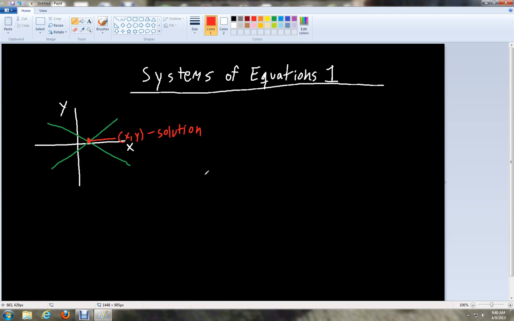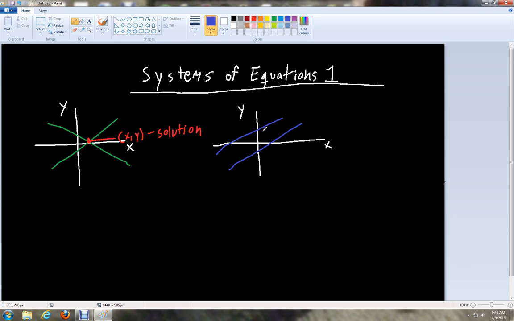Now, there may be a case where, if we draw another coordinate plane with an xy axis, we have two lines that are parallel.